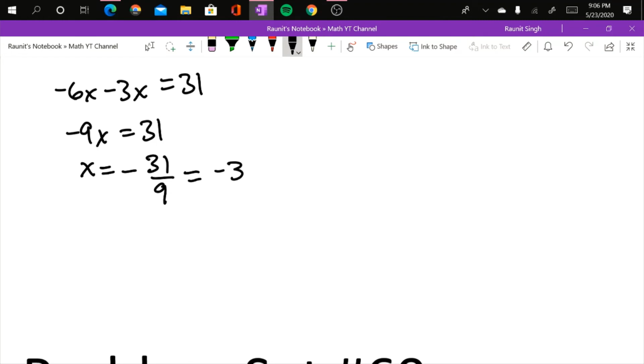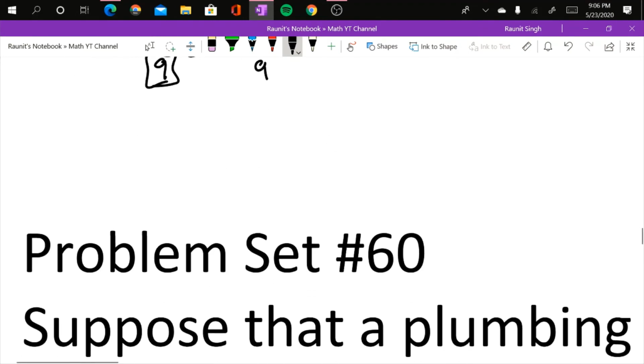Then the remainder is 4, so you would have 4 over 9. Since 31 minus 27 is 4, the remainder is 4, and you would write 4 over the number that you were dividing by.